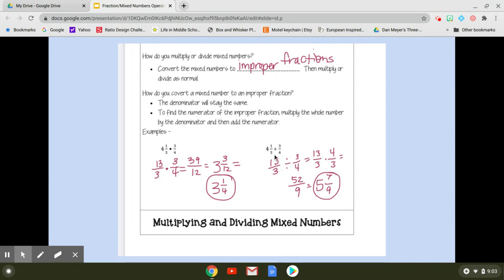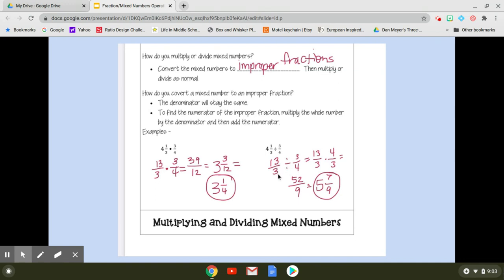For division, our process is very similar. I want to take my mixed number, turn it into an improper fraction. So 3 times 4 is 12, plus 1 makes 13. Now, so division, we actually divide by multiplying by the reciprocal.